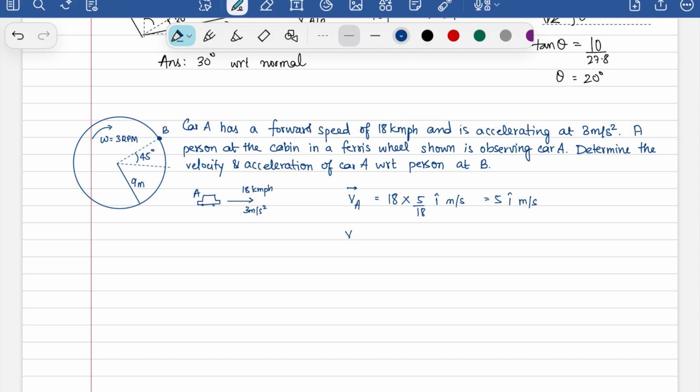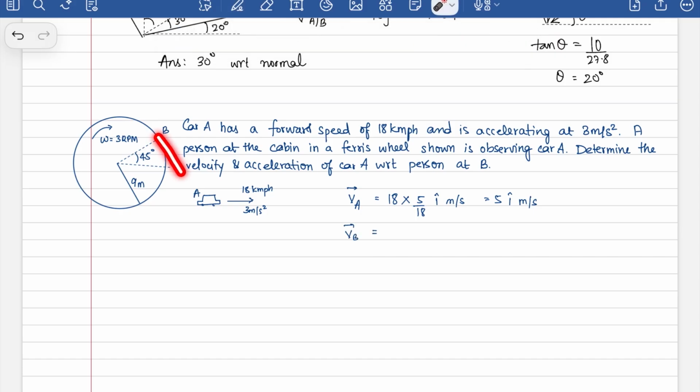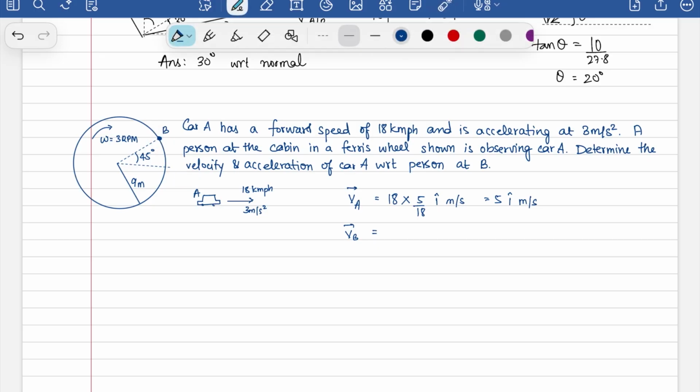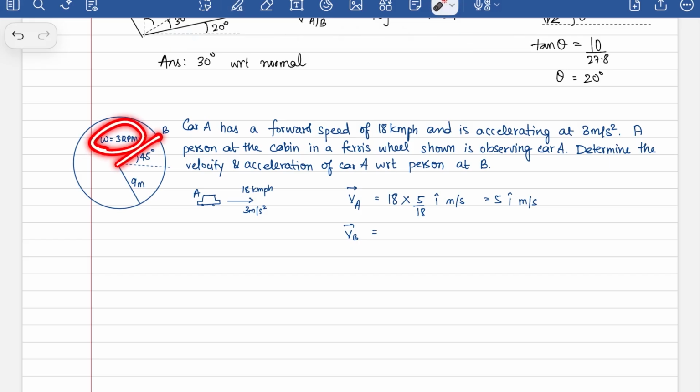And the velocity of the cabin is going to be tangential, so it's going to be in this direction. And the magnitude is going to be R omega, right? This is omega, R omega.